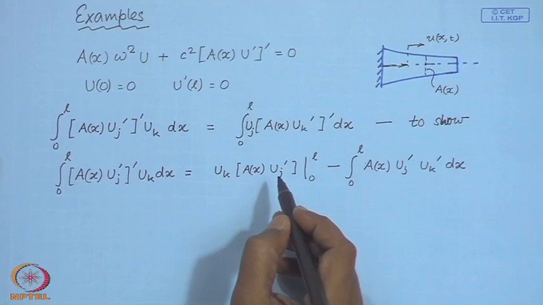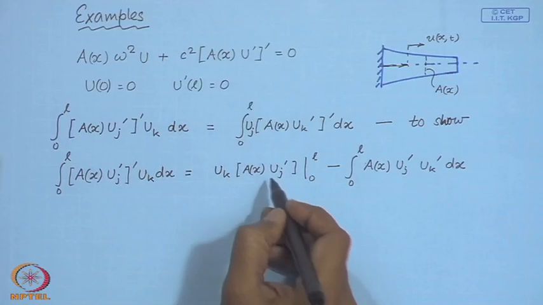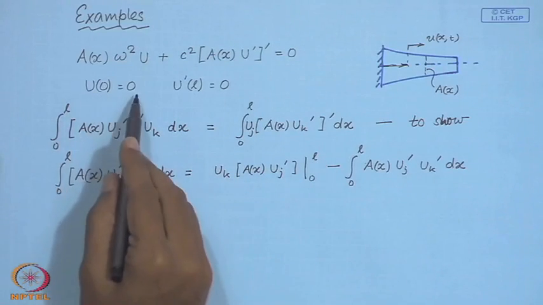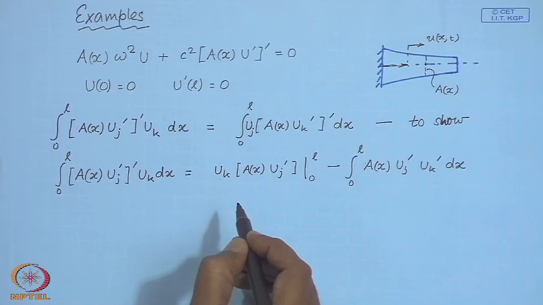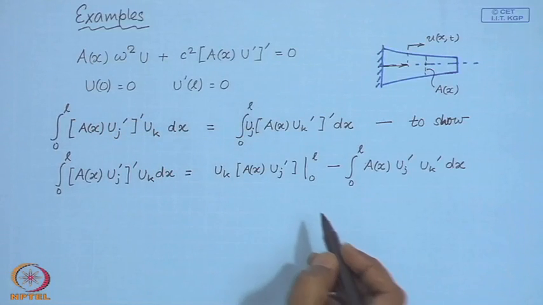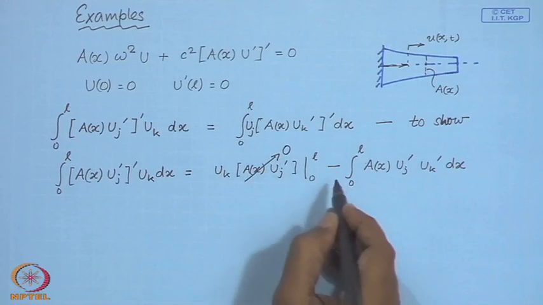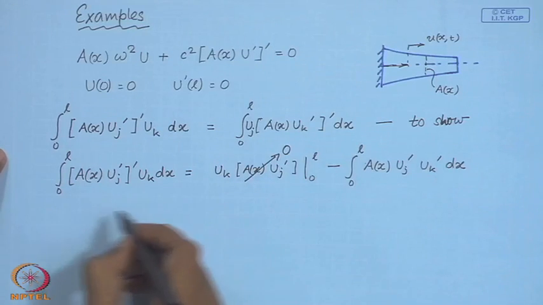Now, at L, u prime must be 0, so this term must vanish at L, and u at 0 is 0. So, u k at 0 must be 0 because these are eigenfunctions and they satisfy the boundary conditions of the eigenvalue problem. So, this term is actually 0. We are left with only this term, and this I will integrate by parts once again.